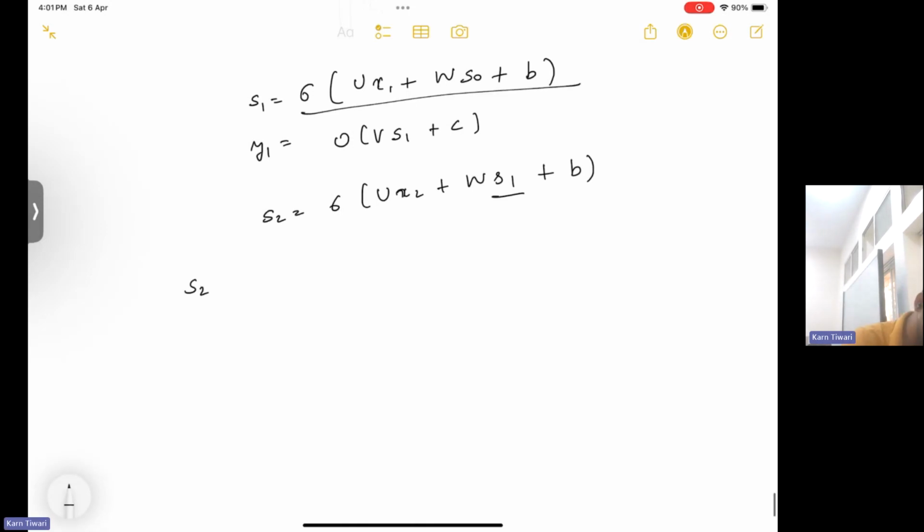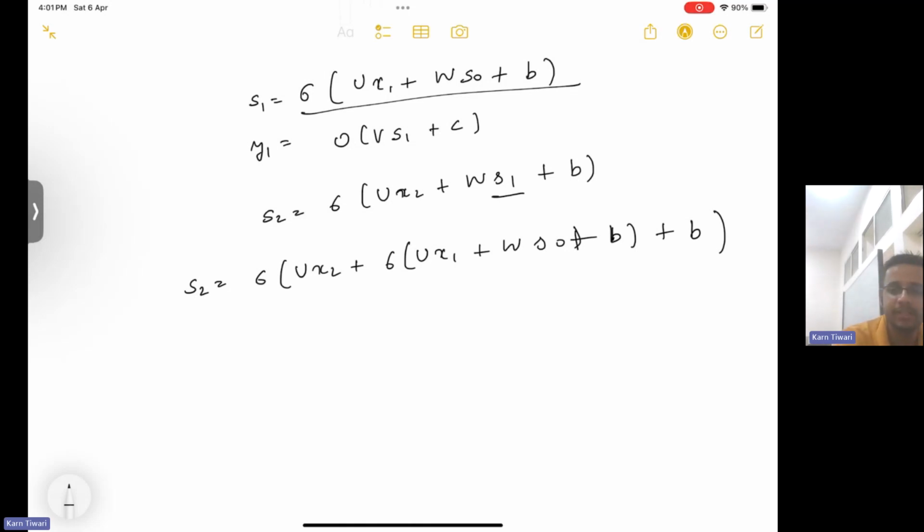So this S2, you can think of as sigma times U of X2 plus sigma times U of X1 plus W of S0, plus B plus again B, which is coming from here. Now you can see this is a chaining which is happening. If we write S3, then S2 will come into the picture and you can expand it. You can see there is some pattern being observed.